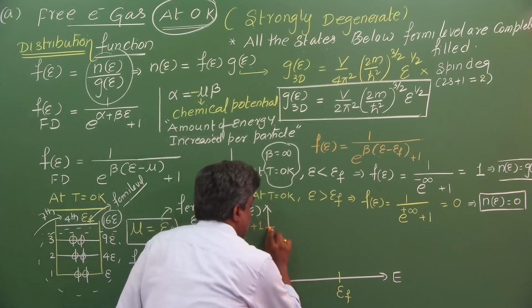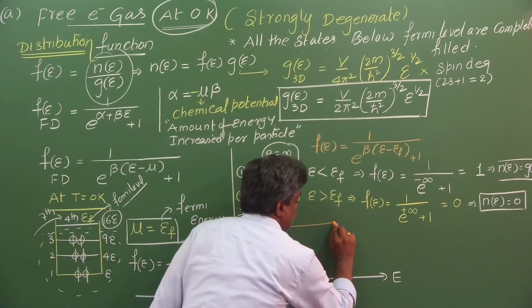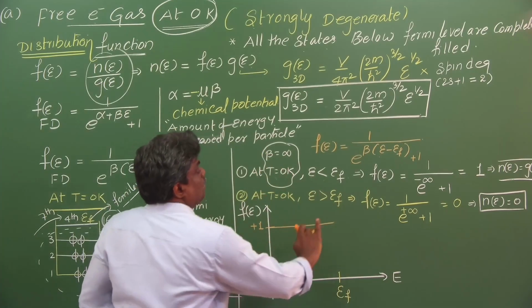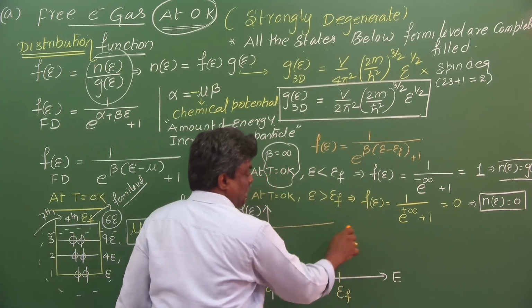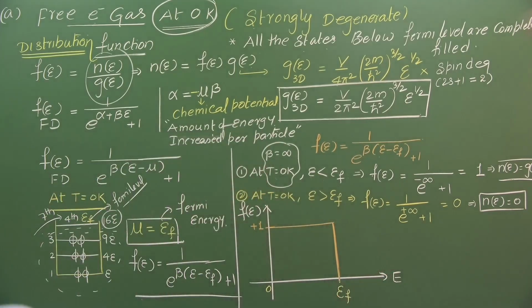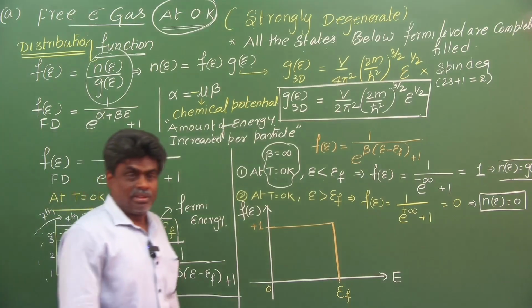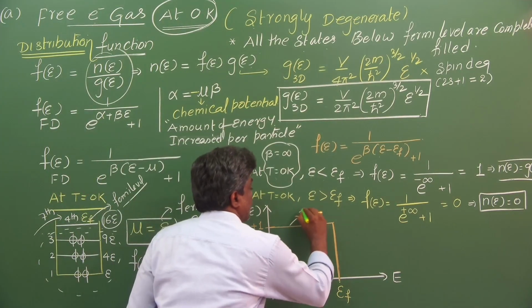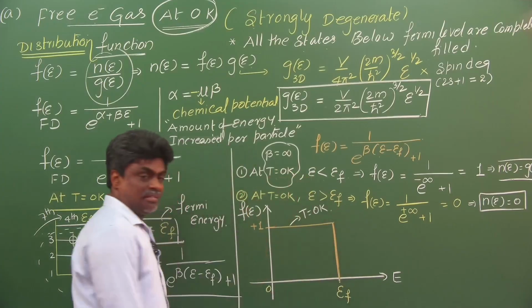That means up to E equal to EF, your F of E is 1, and beyond E equal to EF, F of E is 0. Clear? That's it. This is the graph at T equal to 0 Kelvin.